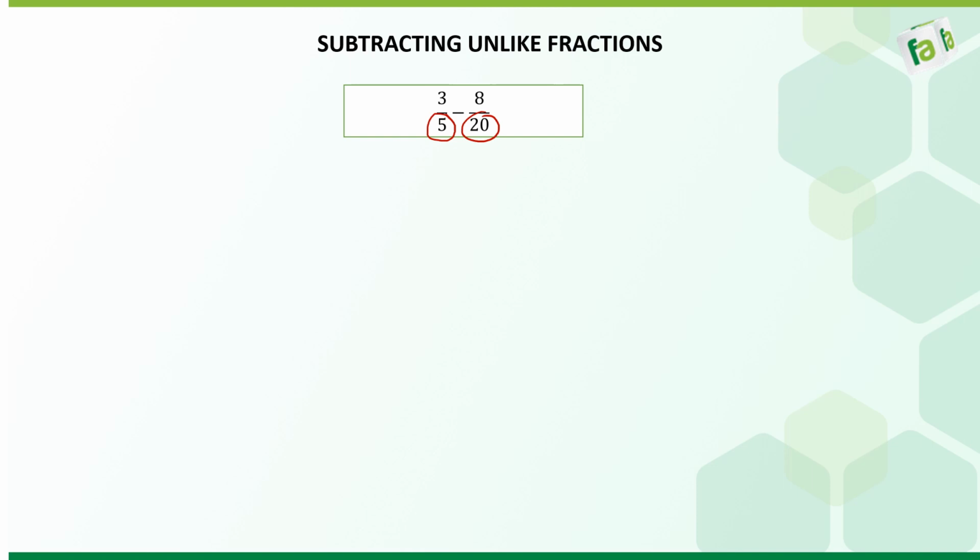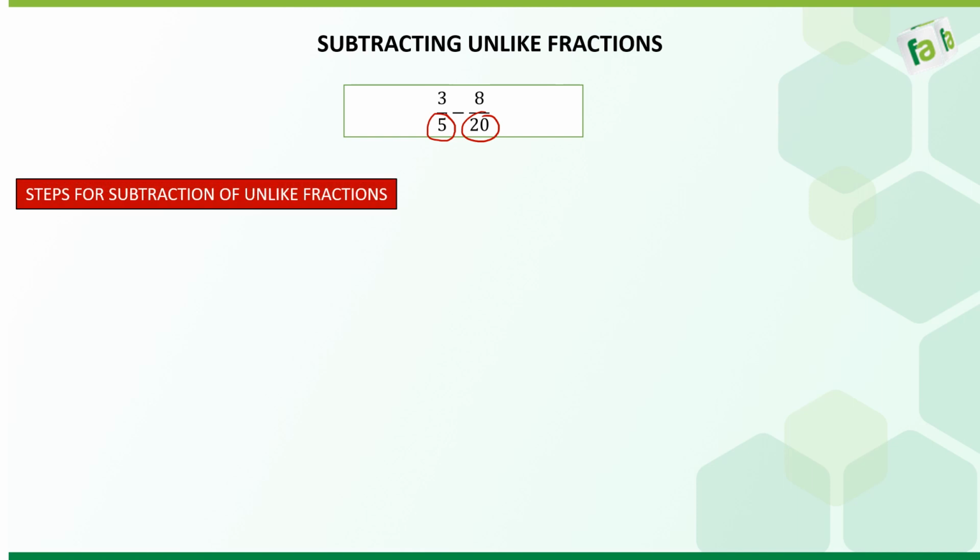Now, to solve this question, our first step is to find the LCM of denominators. We have already discussed how to find the LCM of one or more numbers. So, what will be the LCM of 5 and 20?